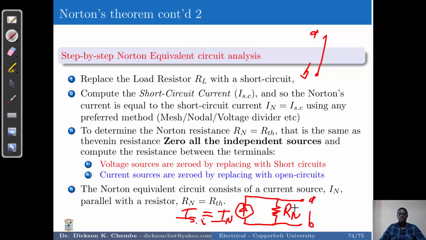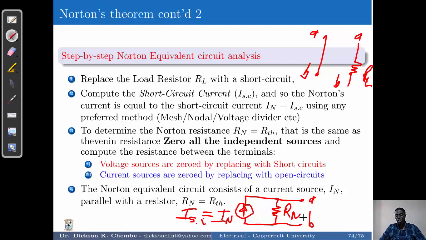Okay, so like I mentioned, if you have the load resistor RL and you replace it by a short circuit, you notice that all the current flowing from the current source will flow through the short circuit. Why? Because current always prefers a path of less resistance.